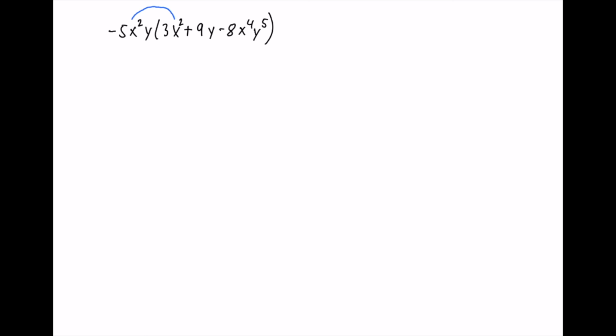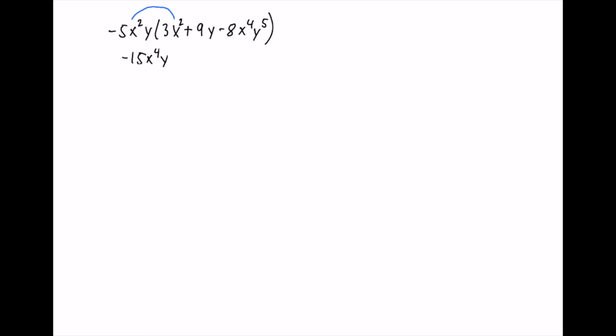So we have negative 15, because negative 5 times 3 is negative 15. Then add the exponents. So x to the 2 plus 2, which is 4. And then there's a y here, but no y here. So the original y just stays there.